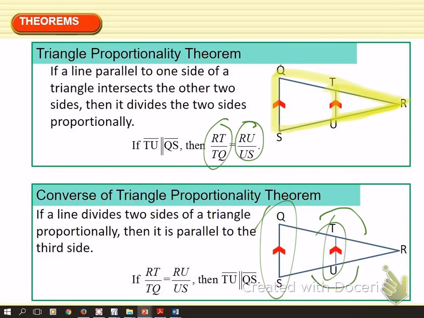The bottom line is this: instead of going piece to piece, piece to piece, sometimes you might need to go whole side of a triangle to whole side of a triangle equals whole side of the small triangle to whole side of the big triangle. It's all about how you want to see it. And it's all about setting up a pattern in your first ratio and making sure the second ratio follows.